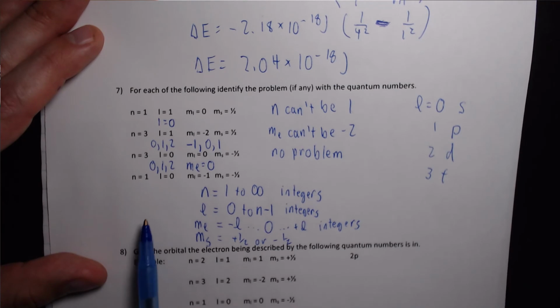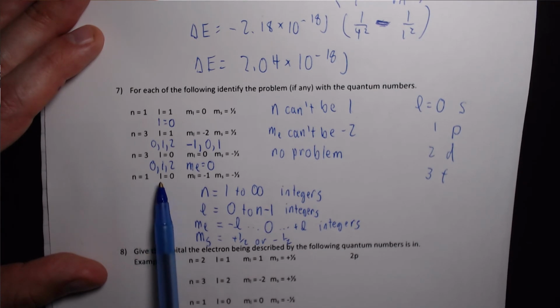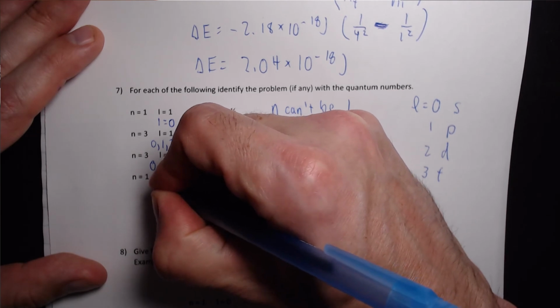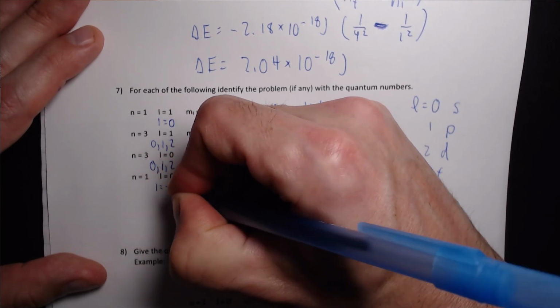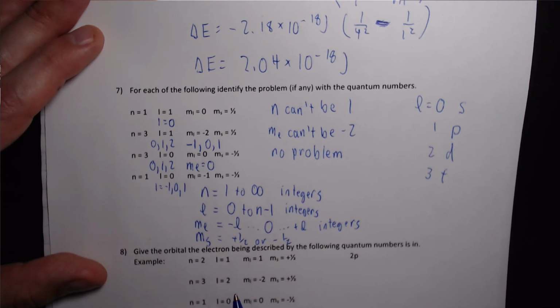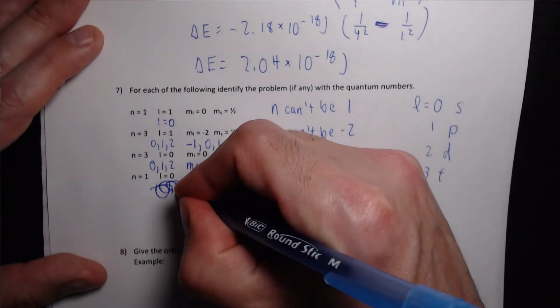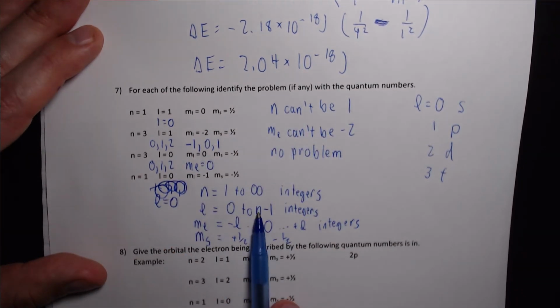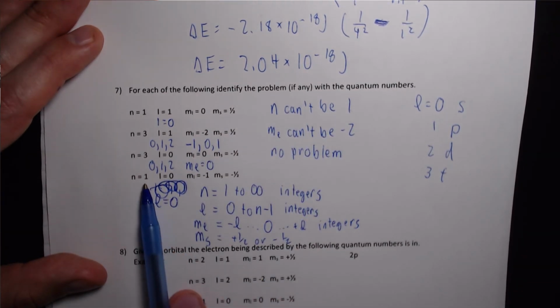Finally, the last one. n equals 1. What could L be? Sorry, L could equal 0 to n minus 1, so 0 to 1 minus 1, which is 0.